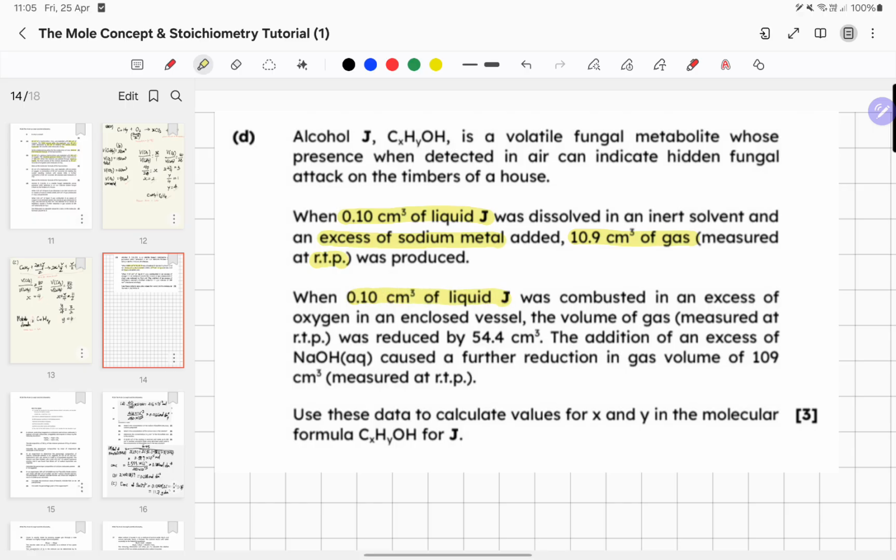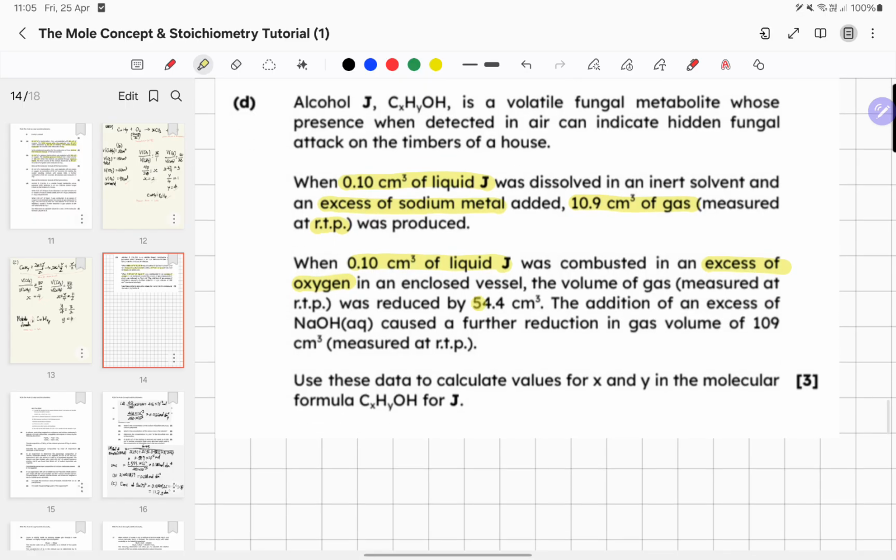You see another scenario: when 0.10 cm cube of liquid J is combusted in excess oxygen, the volume of gas was reduced by 54.4 cm cube. At RTP, when you add excess NaOH, there's a further reduction of 109 cm cube.